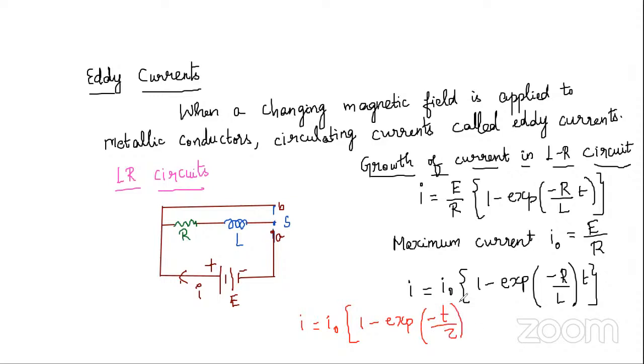Here, what is tau? Tau is nothing but L by R, and it is called the time constant. So I equals I naught. Let me write that here.